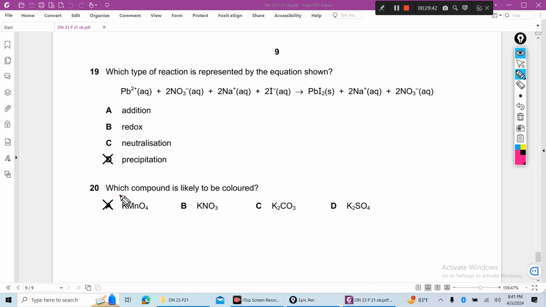So here the answer will be KMnO4, potassium permanganate is colored, but potassium nitrate is white, potassium carbonate is not colored, potassium sulfate is not colored, and potassium permanganate is purple or pink in color. So the answer will be A.